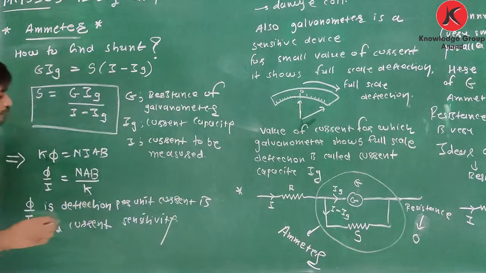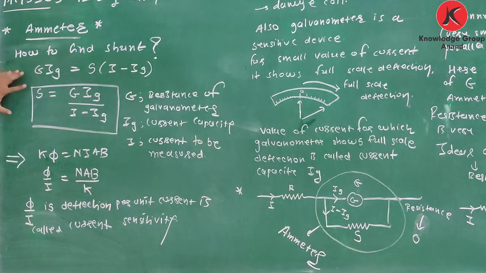Clear about this? So how to find the value of the shunt? S is equal to G Ig upon I minus Ig. Phi upon I, that is NAB upon K, is called deflection per unit current, or current sensitivity.